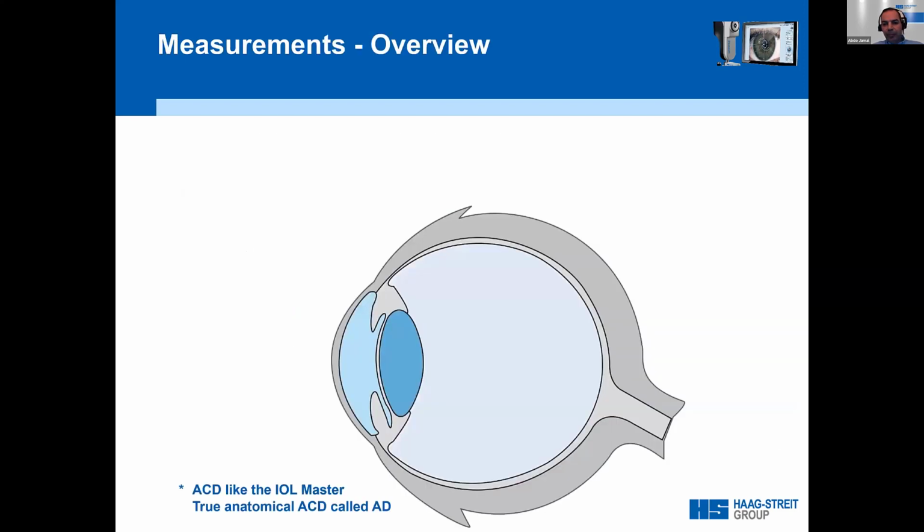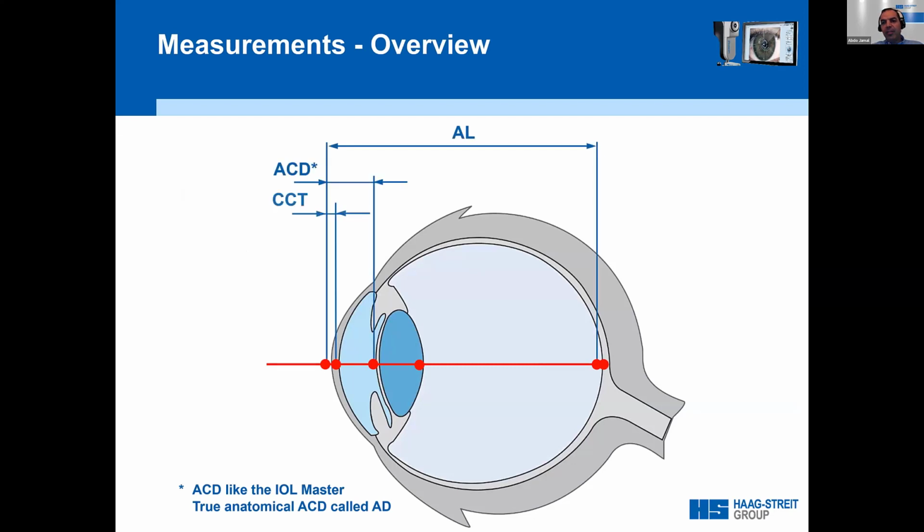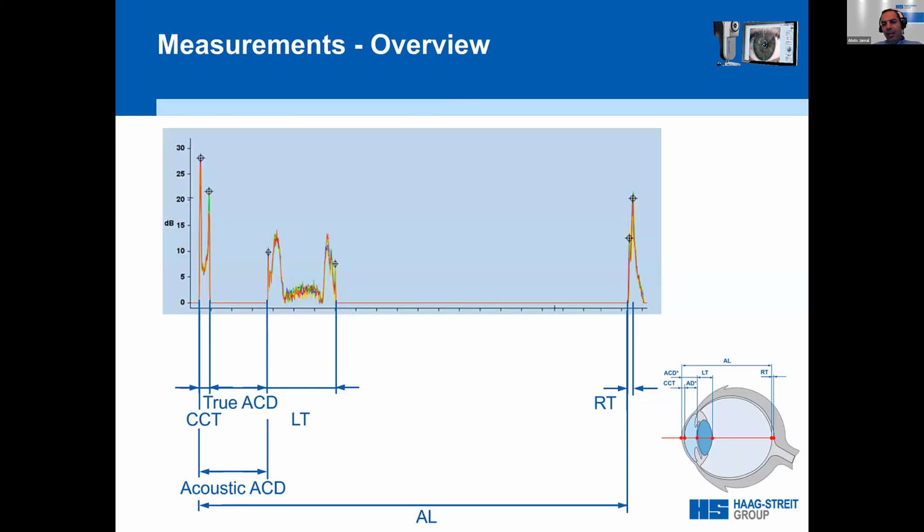Let's start. The Lenstar, as you know, is an optical biometer that transmits a light beam across the eyeball. It analyzes the reflected light to form a signal profile. The Lenstar uses each eye scan signal to measure central corneal thickness, anterior chamber depth, lens thickness, retinal thickness, and axial length.